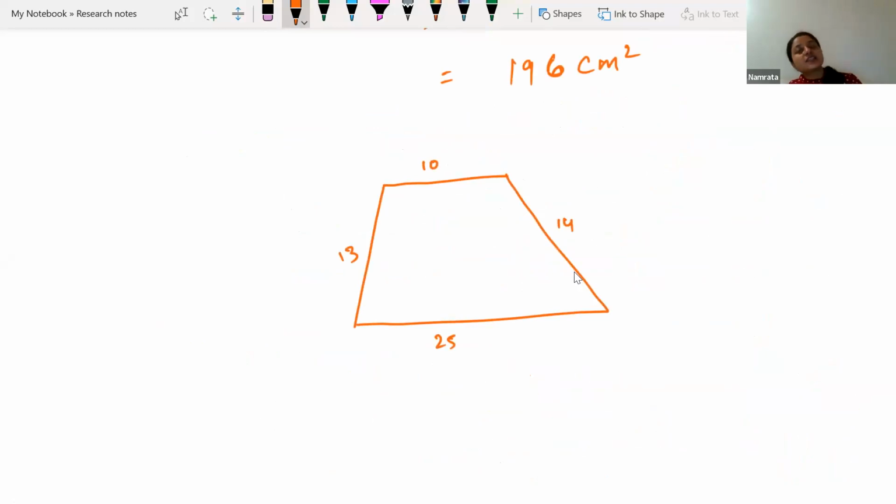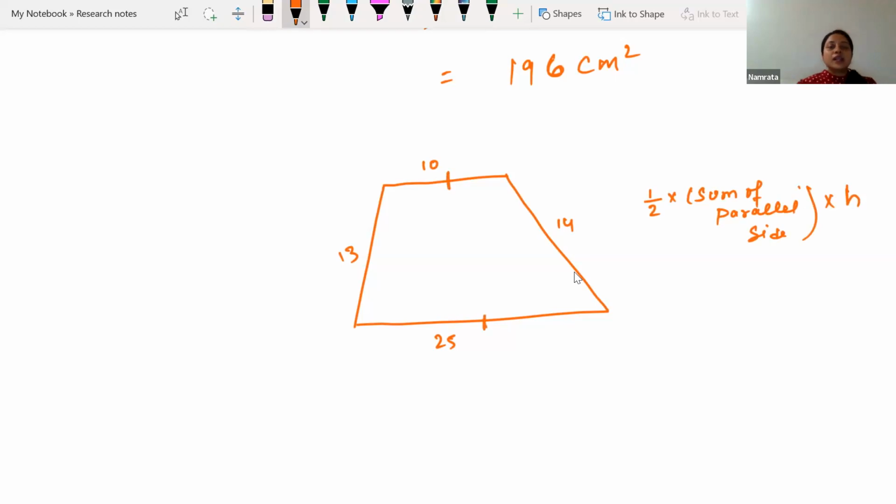And it was just asking us to find the area of this trapezium. Now the area of the trapezium is 1 by 2 into the sum of parallel sides into height. We know the parallel sides are this one and this one, but we were not aware of the height.